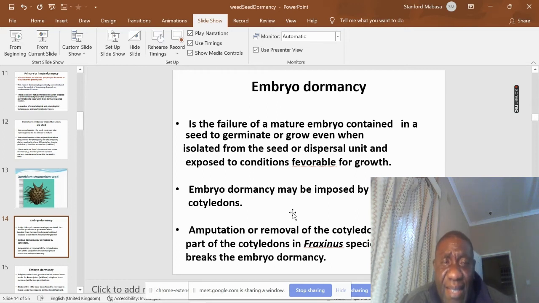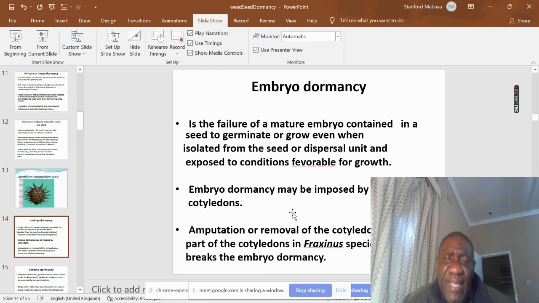But in this case, you have a mature embryo contained in the seed, failing to germinate or grow even when isolated from the seed or dispersal unit and exposed to conditions favorable for growth.